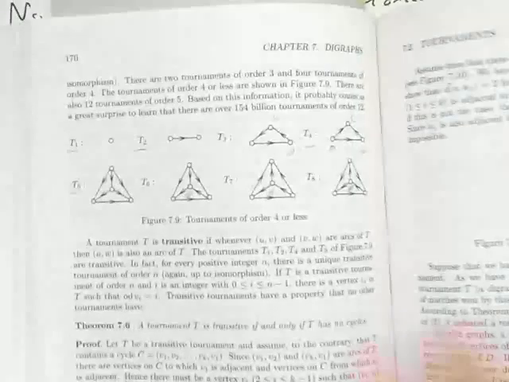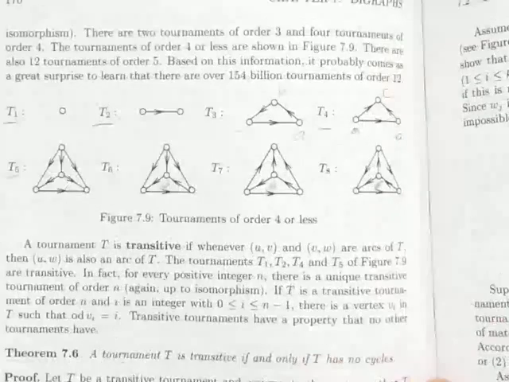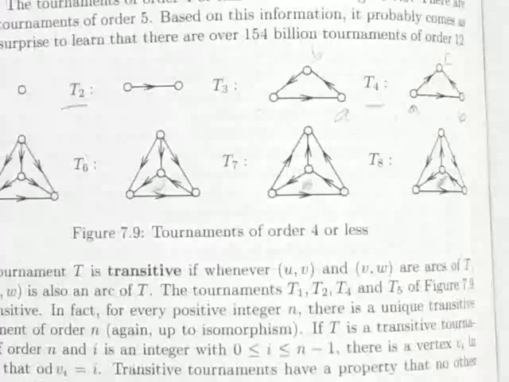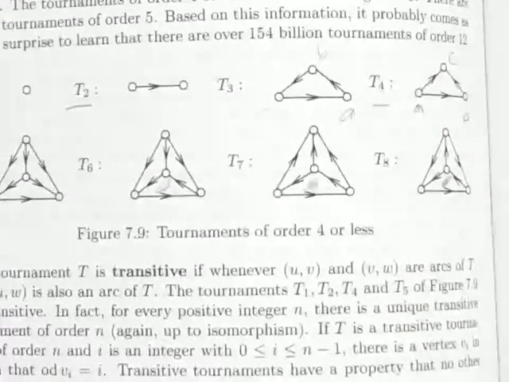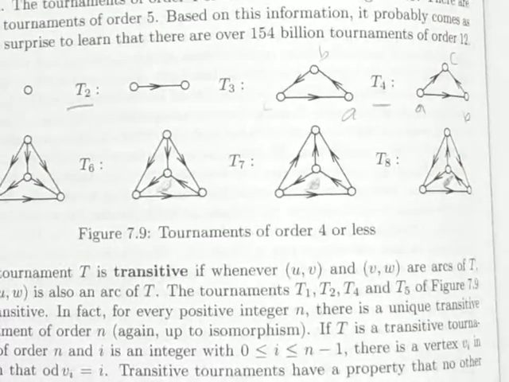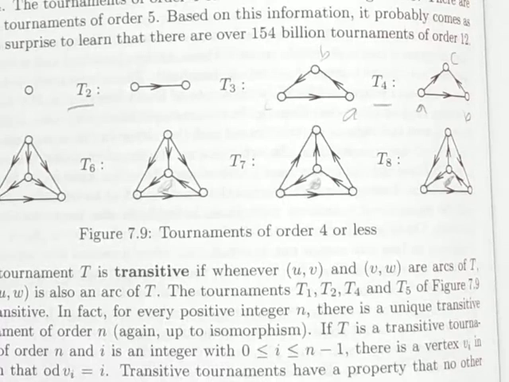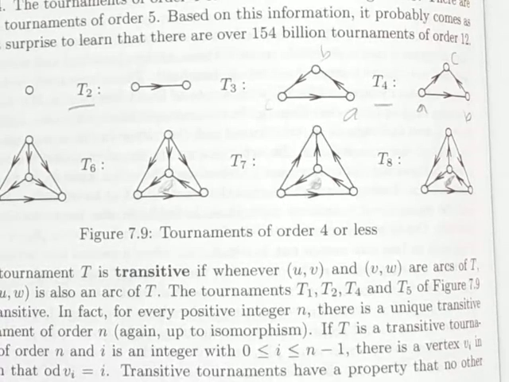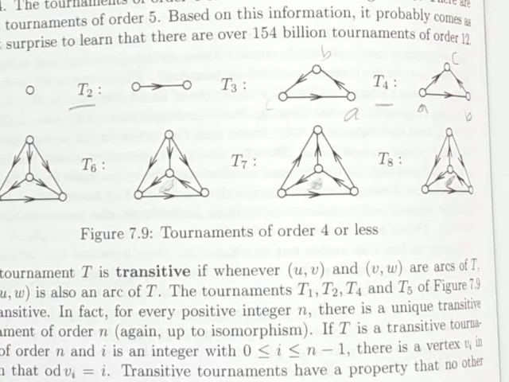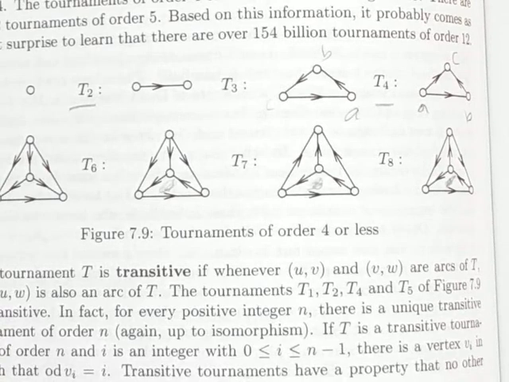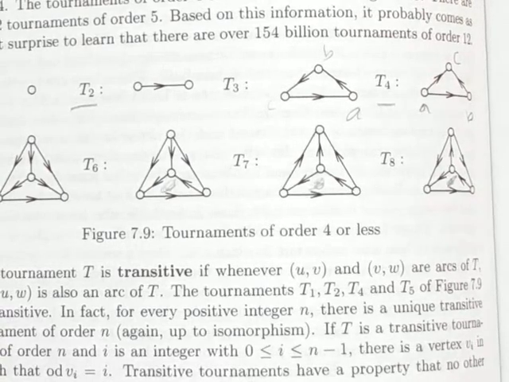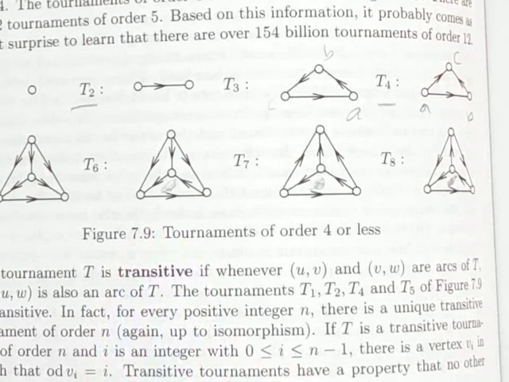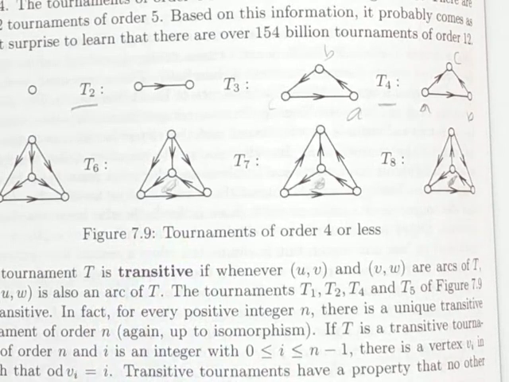Page 170. Here are some tournaments of order 4. Let's look at, somebody pick one. T5, T6, T7, T8. Out degrees. Top, middle, left, right. What are the out degrees of those 4 vertices?